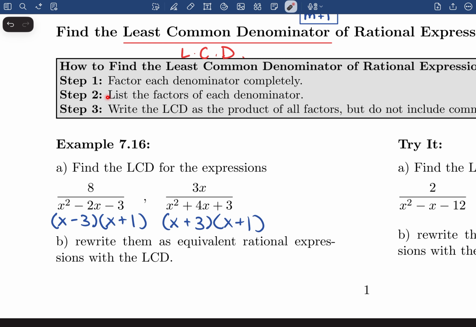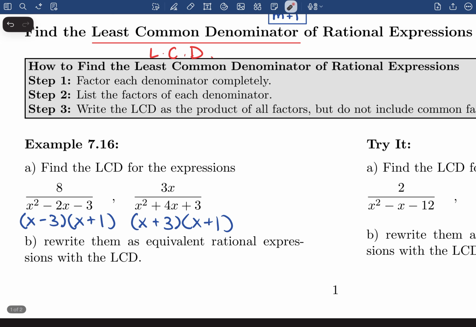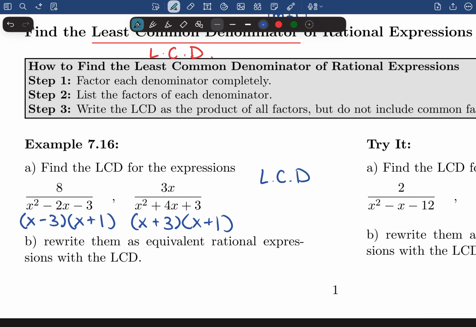Now, step 2 is list the factors of each denominator, right? So are there factors that they share in common, these two denominators? Yes. There's an x plus 1 and an x plus 1. They share a common factor, right? So the LCD in this case is going to be just the factors that are unique, we could say.